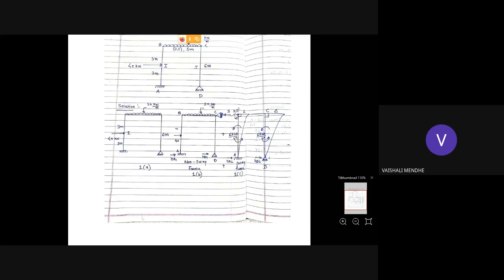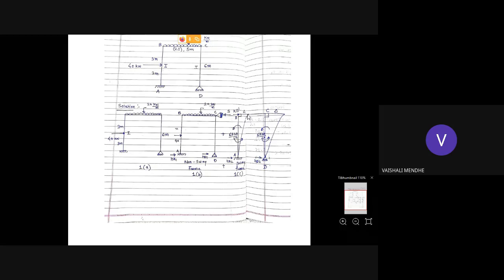This sway force I have called S dash, and S is the non-sway force. Due to this force, the frame will get deflected like this.